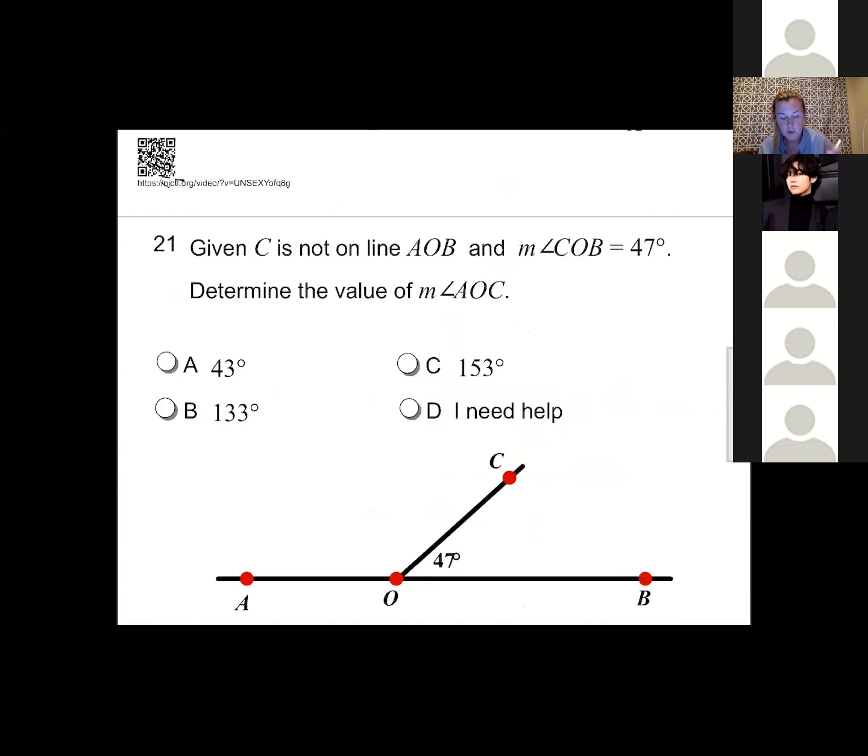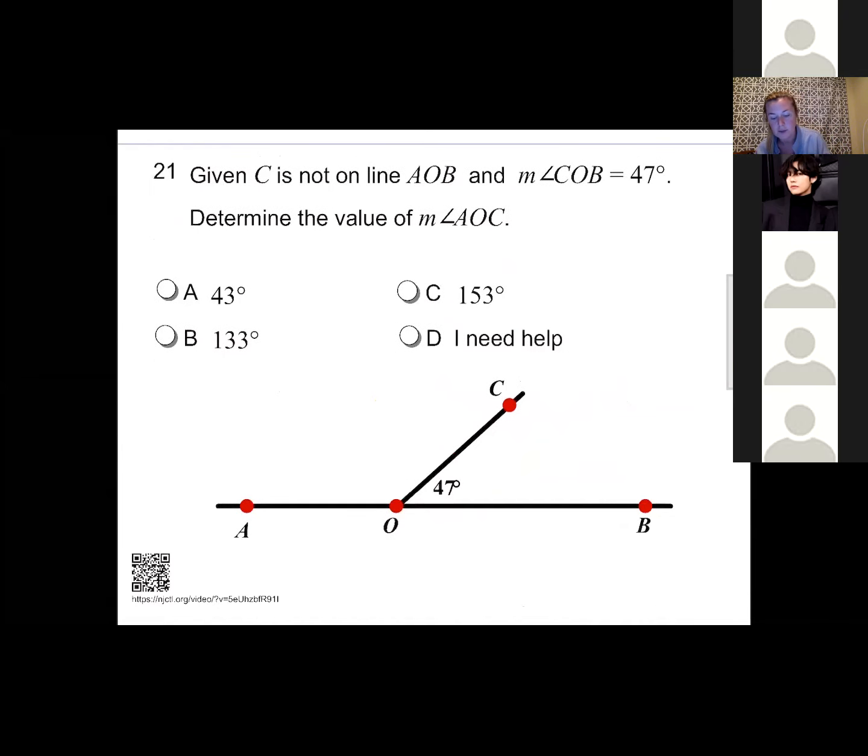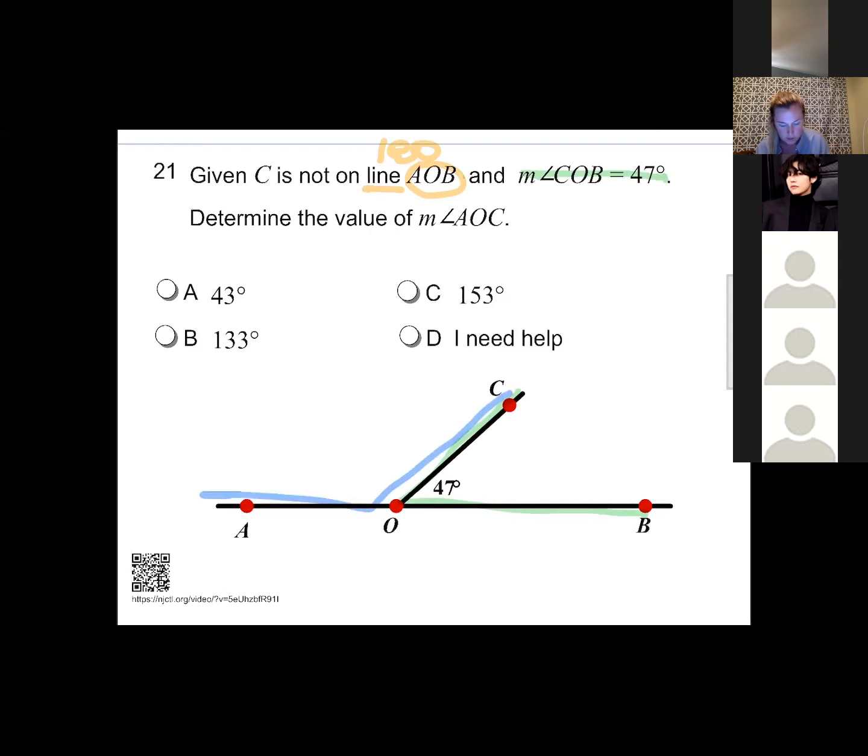All right, so looking at question 21, I'll outline this, but I'm not outlining all of them, okay? It says C is not on the line AOB, which automatically tells us that AOB, being a line, is 180 degrees. Then we have measure of COB, which is right here, and AOC, which is right here.